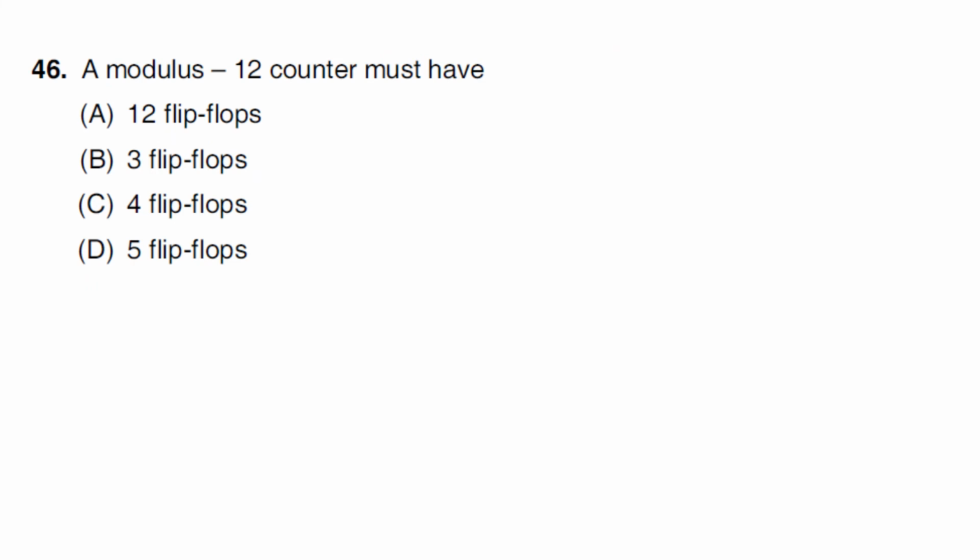A modulus 12 counter must have, so you know that n number of flip-flops in the counter counts 2 raised to n natural counts. N flip-flops always count 2 raised to n natural counts. For example, only one flip-flop counts 2 counts.